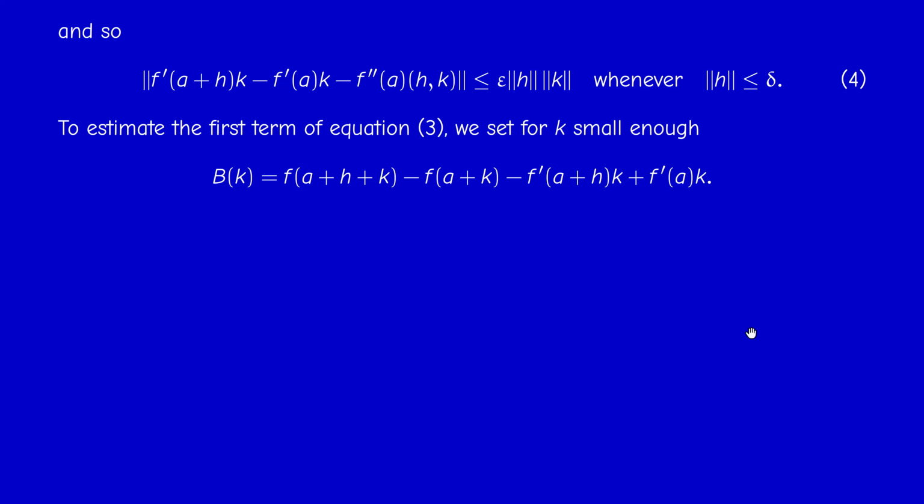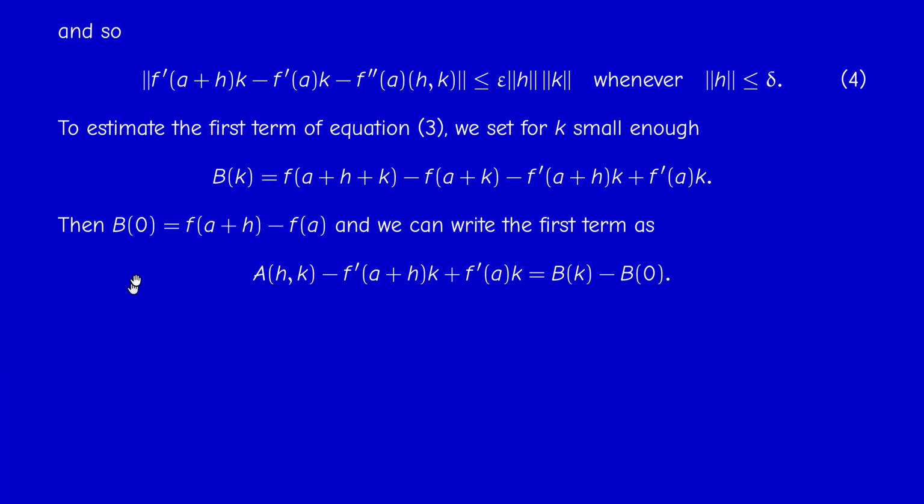Now, to estimate the first term, which is more difficult, we introduce another new function, b of k, for fixed h, given by this formula: f of a plus h plus k minus f of a plus k minus the derivative at a plus h in the direction k plus the derivative at a in the direction k.